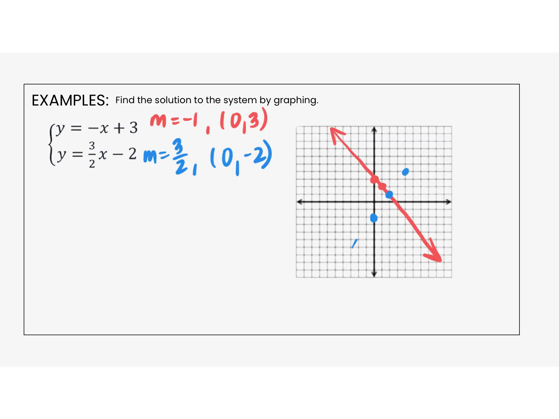Okay, and so there's my graph for that one. And as you can see, this point right here is what they have in common, and that is 2, 1. So that is my solution to this system.